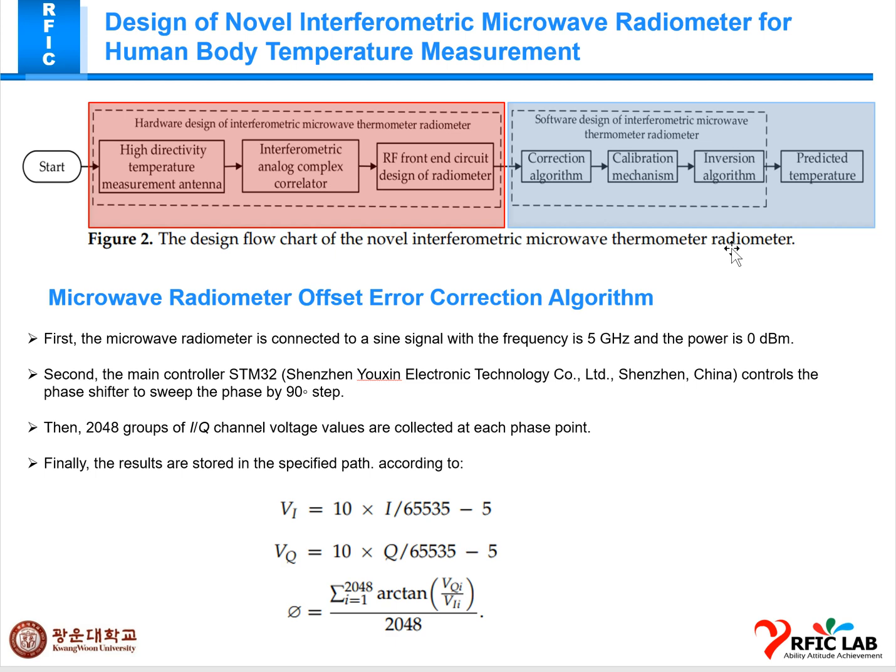When you calculate this, the phase value is calculated by sigma, i starting from 1 to 2048, arctan of voltage Q upon voltage I, whole this equation upon 2048. This was the equation.